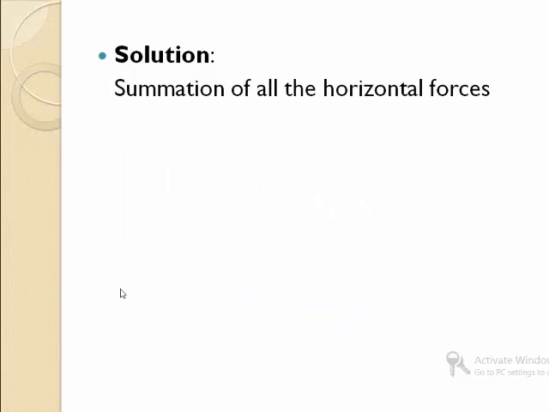Okay. So to calculate the magnitude of the resultant force, we have to calculate the summation of all the horizontal forces acting on the system and the summation of all the vertical forces acting on the system. Considering all the horizontal forces, summation H is the horizontal component of the first force, plus 150 cos 30, and the horizontal component of the second force, minus 200 cos 30.